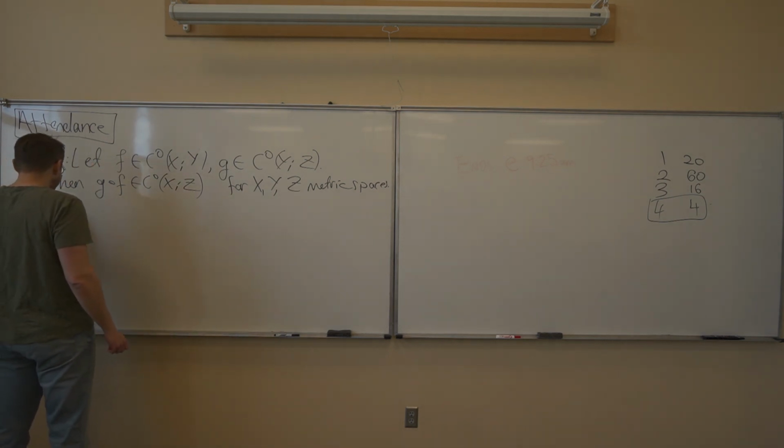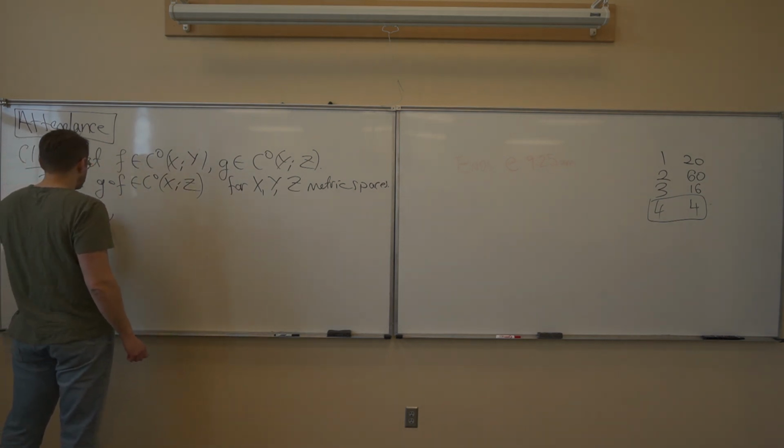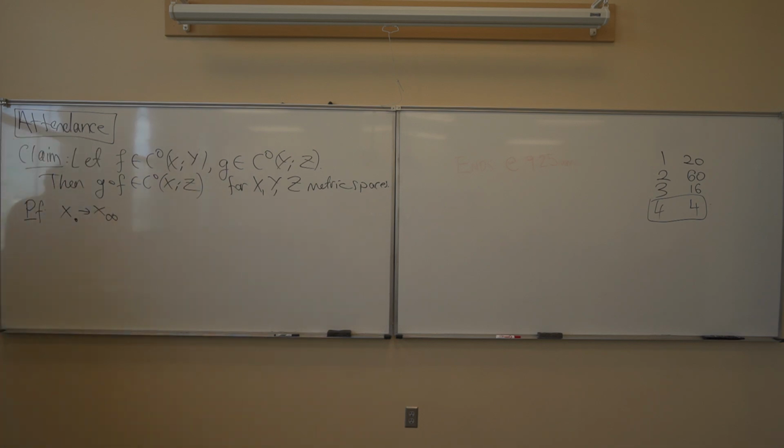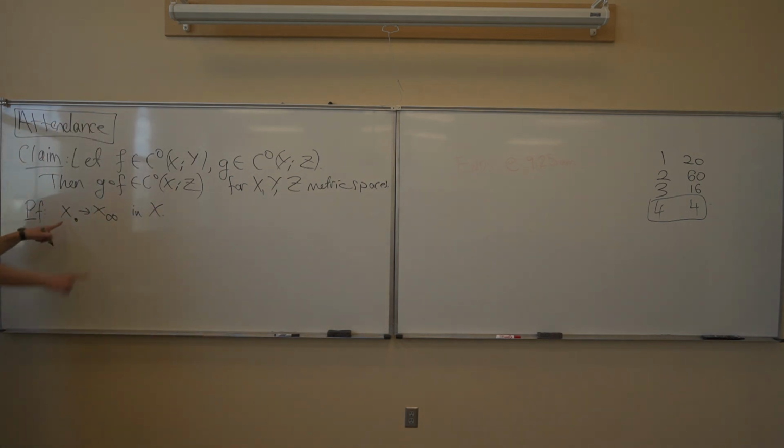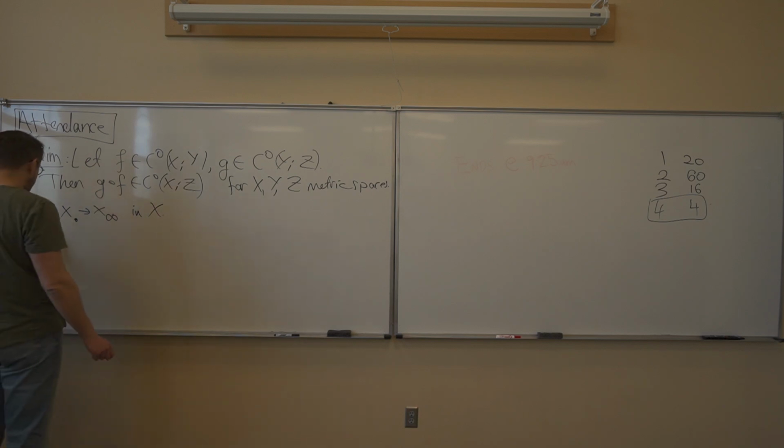So I take a convergent sequence in x. f is continuous, which means that its image under f is a convergent sequence in y.